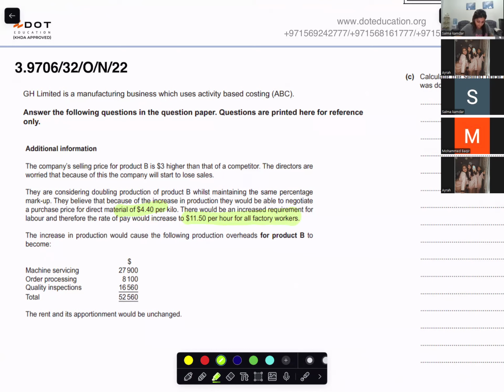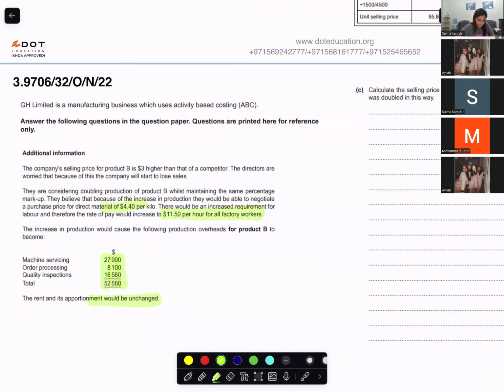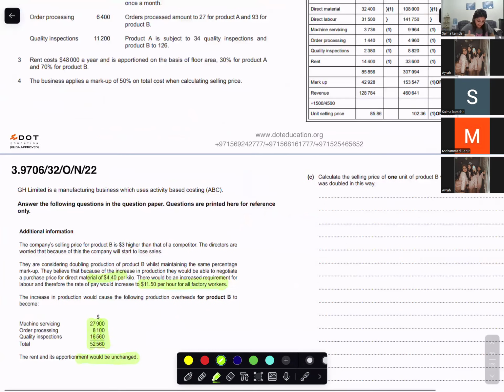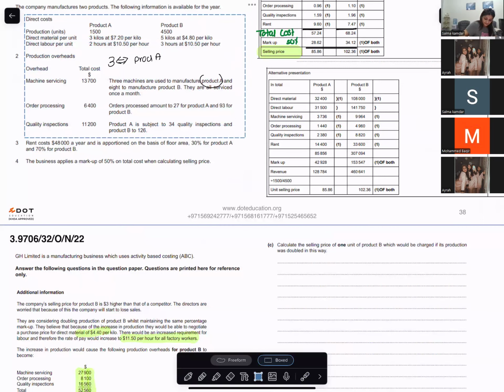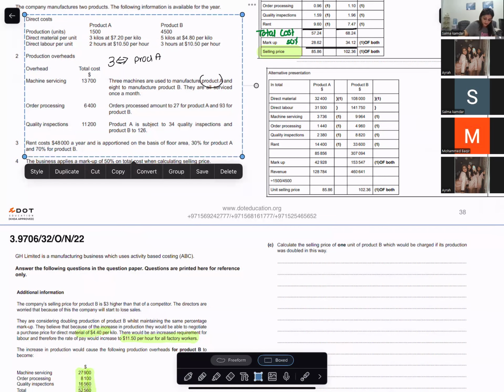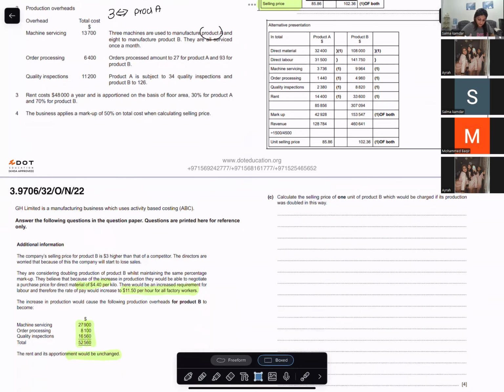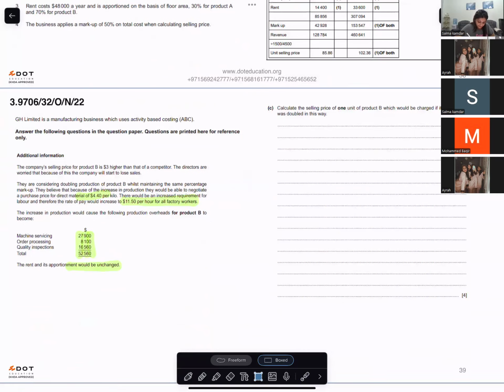The increase in production would cause the production overhead costs for product B to change, as given, and the rent and its apportionment would remain unchanged. Okay. So they want to change the cost of product B. The rent apportionment would not change. What do you want to calculate?